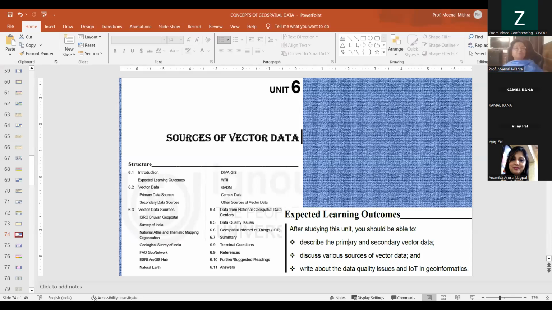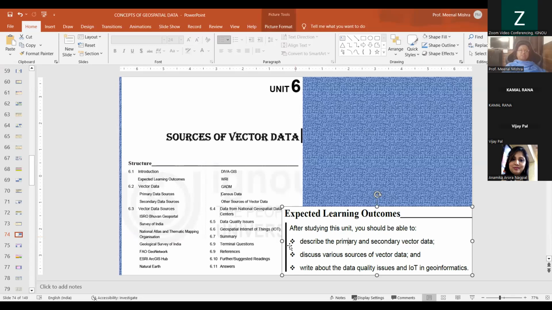We will discuss sources of vector data in unit 6: primary data source, secondary data source, and, as we discussed earlier in the case of raster data, data sources like ISRO's Bhuvan portal and other sources wherein you can get vector data.